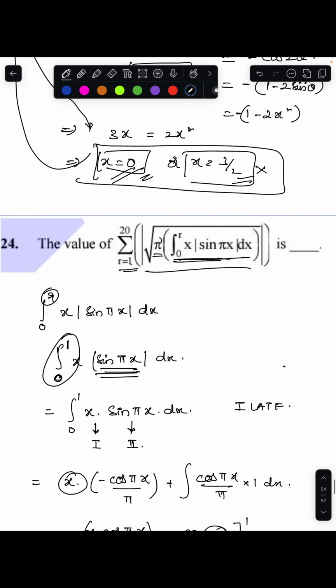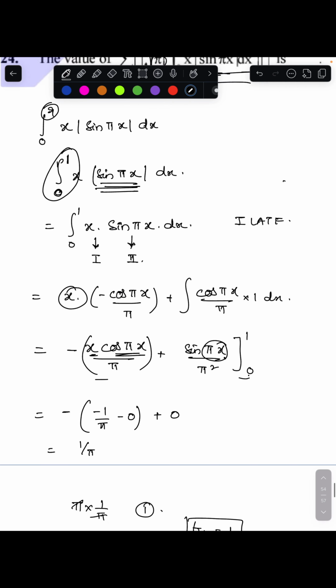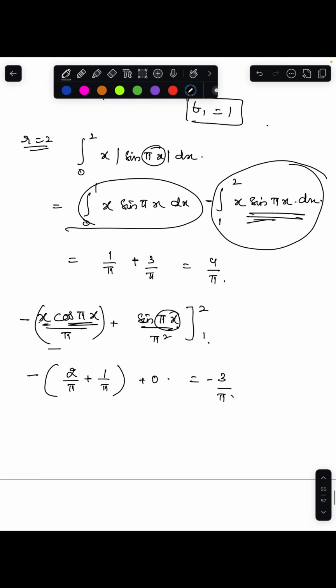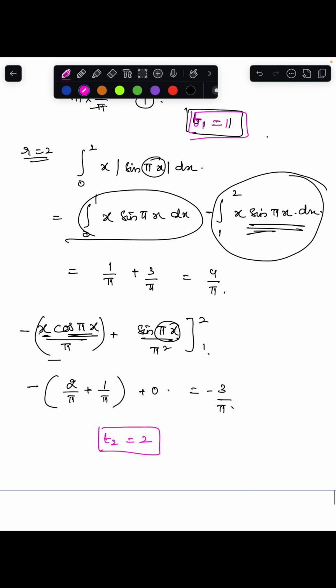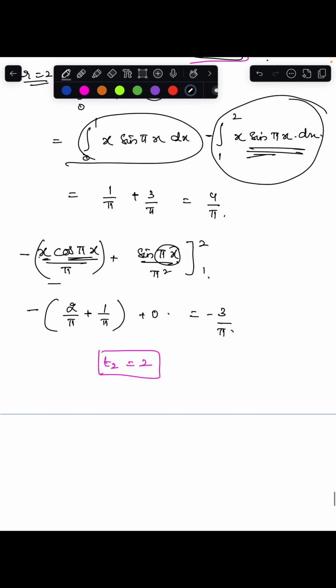Now you need to multiply with pi and you have to take the square root. So T1 we got 1, T2 we are getting 2, square root of 4, 2. Right? Similarly, we can see the third term also. If you put r equals 3, you are just going to get integral from 0 to 3 of x mod sine pi x dx.